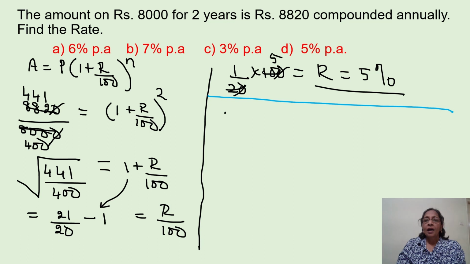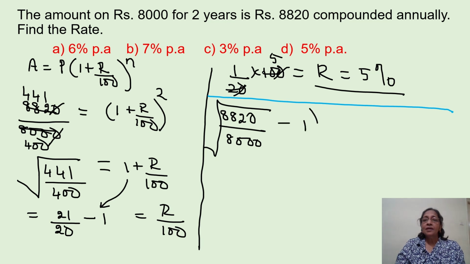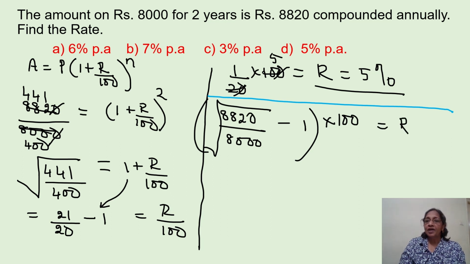So 8,820 upon, since it is for 2 years, take the square root, minus 1 into 100, and this will give you directly the rate percent, which is nothing but what we have got here.